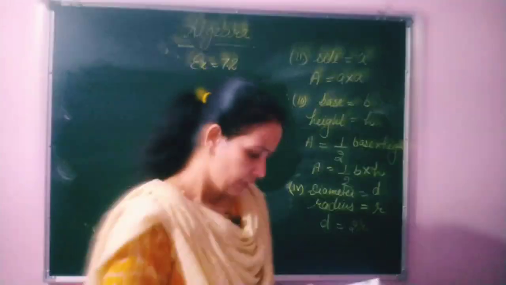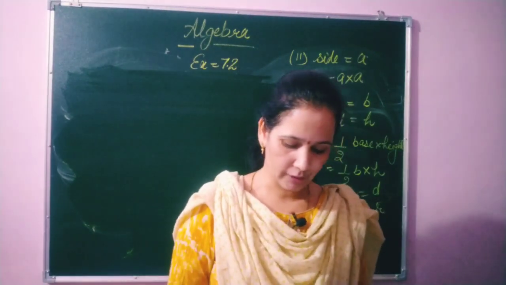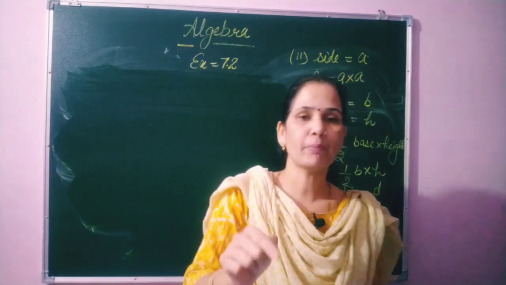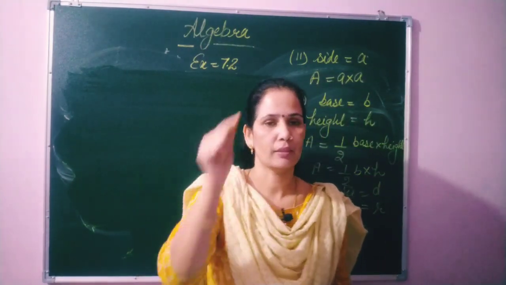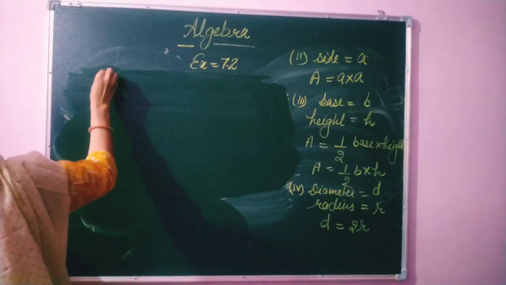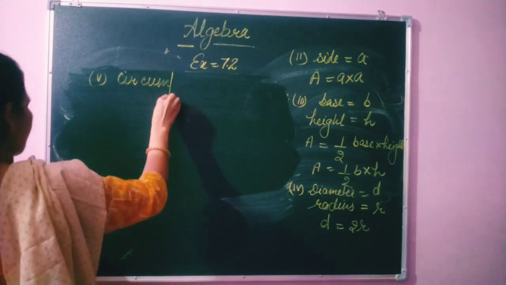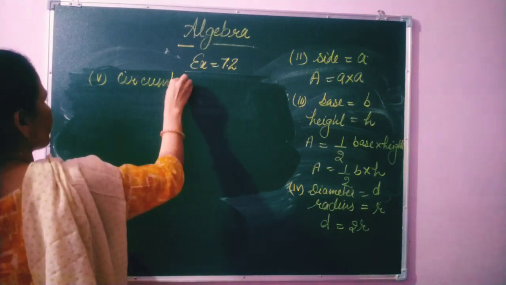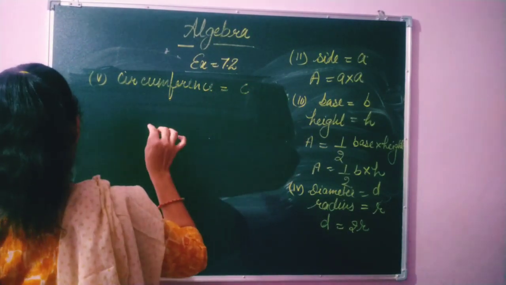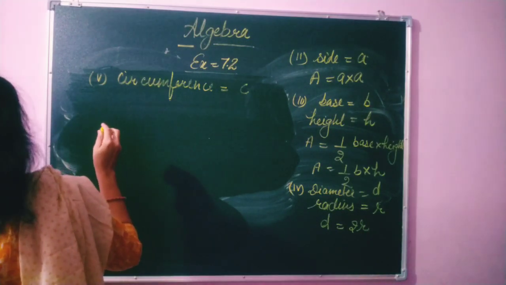In the fifth part, circumference of a circle. Circumference means the total boundary of the circle. In a simple way, we can say the perimeter of the circle, the total length of the boundary. So students, circumference we denote with C, which is equal to 22 by 7 and the diameter of the circle.